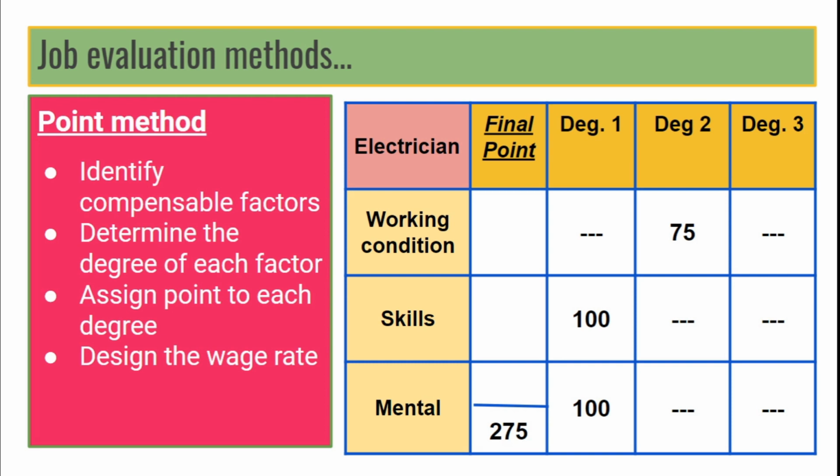And the highest point for this category is 300 points and the lowest is 100 points. Here in our case, as the electrician has 275 points, he will be paid near to rupees 24,000 per month as per pay range of 10,000 to 25,000 rupees per month.